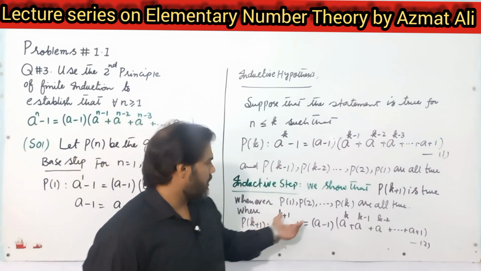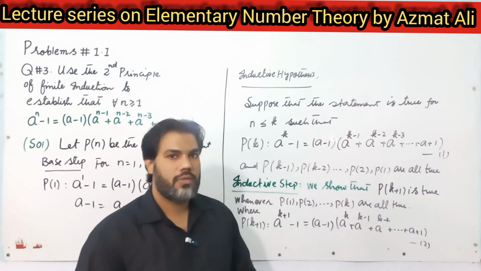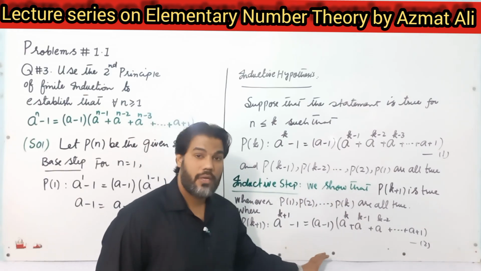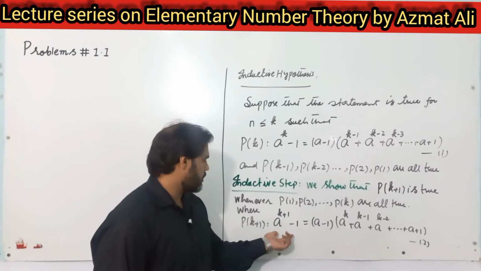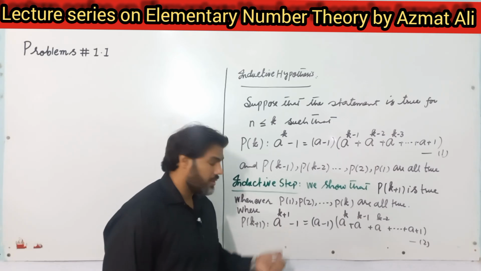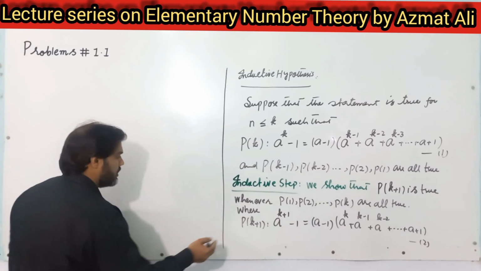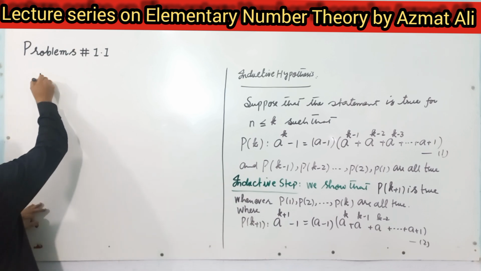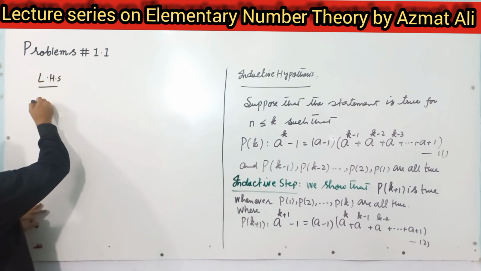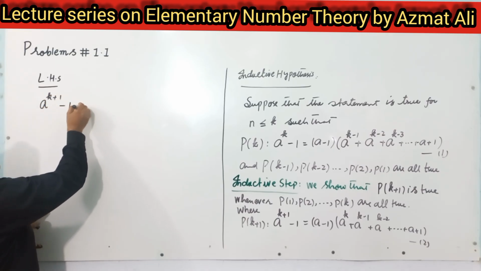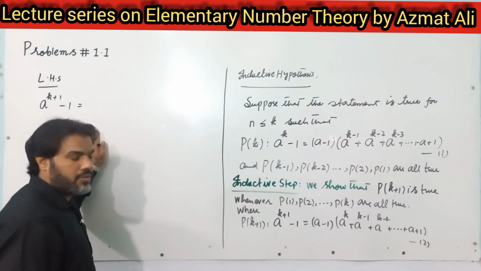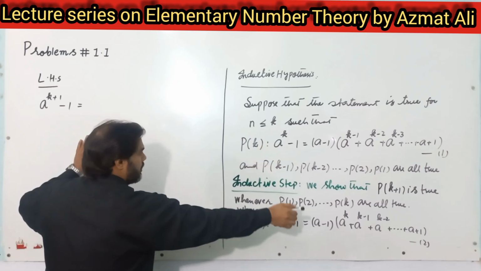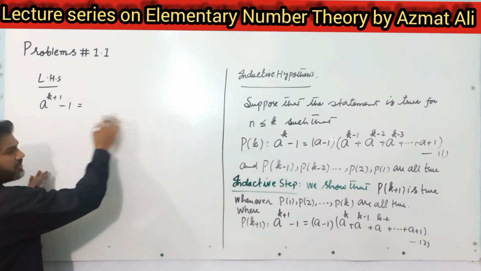To prove the truth of Pk plus 1, we will take the left hand side and use expression number 1. Okay, now we take the left hand side of the expression, that is a raised to power k plus 1 minus 1. Next we add and subtract the term a raised to power k to involve expression number 1 here.